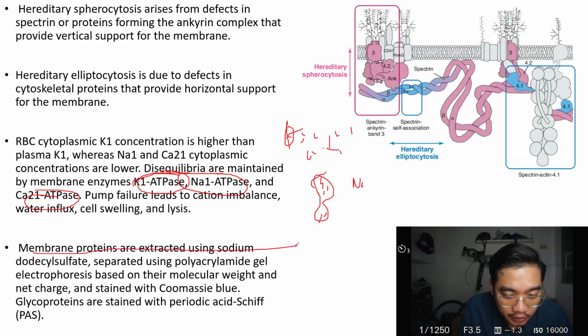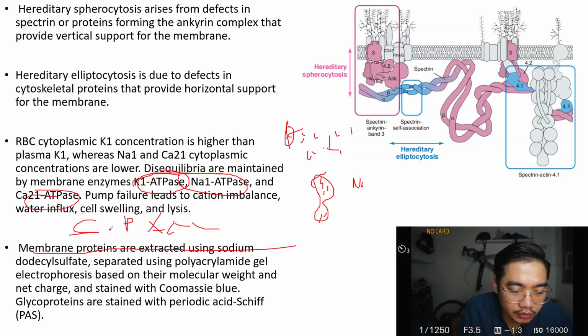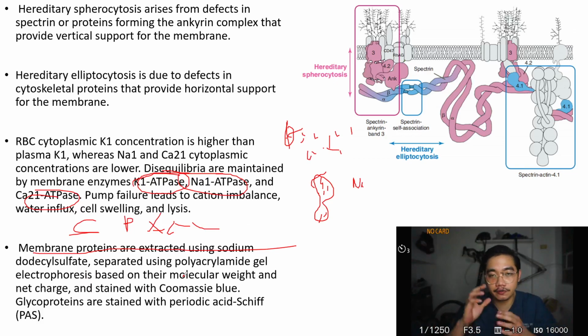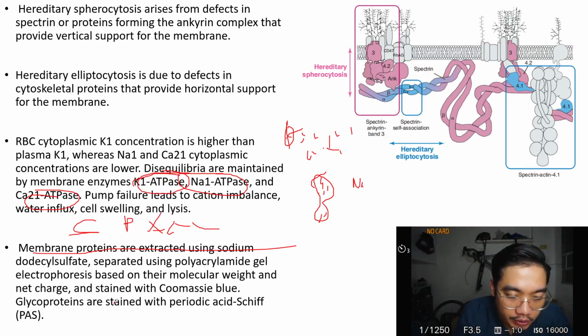Membrane proteins are extracted using SDS. SDS-PAGE is electrophoresis. SDS-PAGE means sodium dodecyl sulfate polyacrylamide gel. I think in instrumentation you will discuss electrophoresis. In electrophoresis we have anode and cathode, and charged compounds migrate.